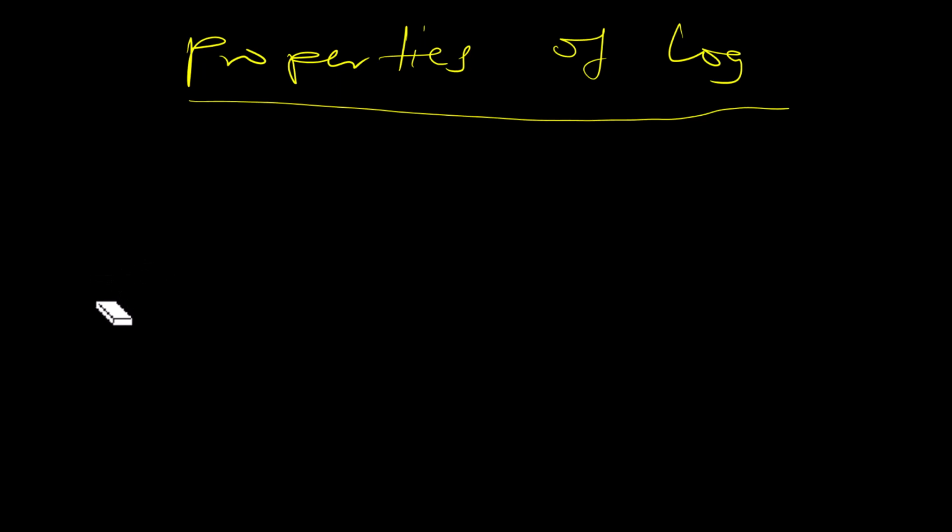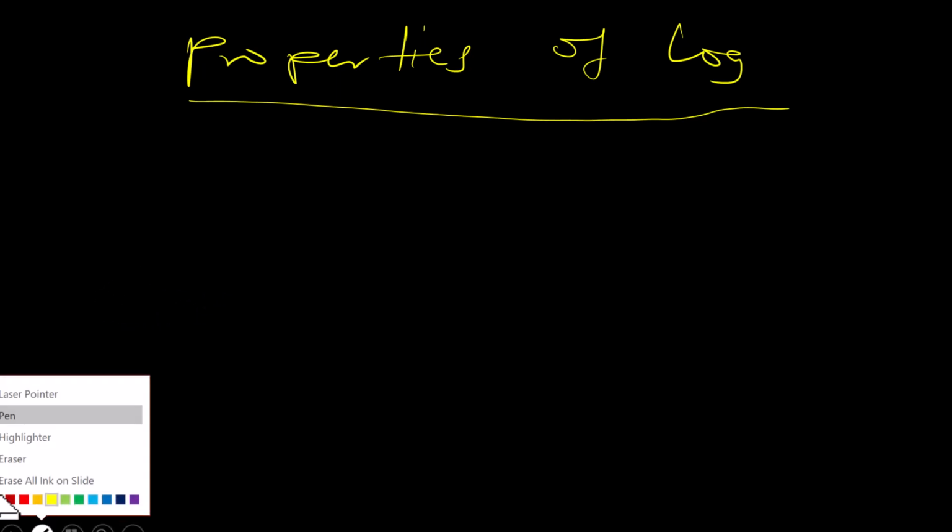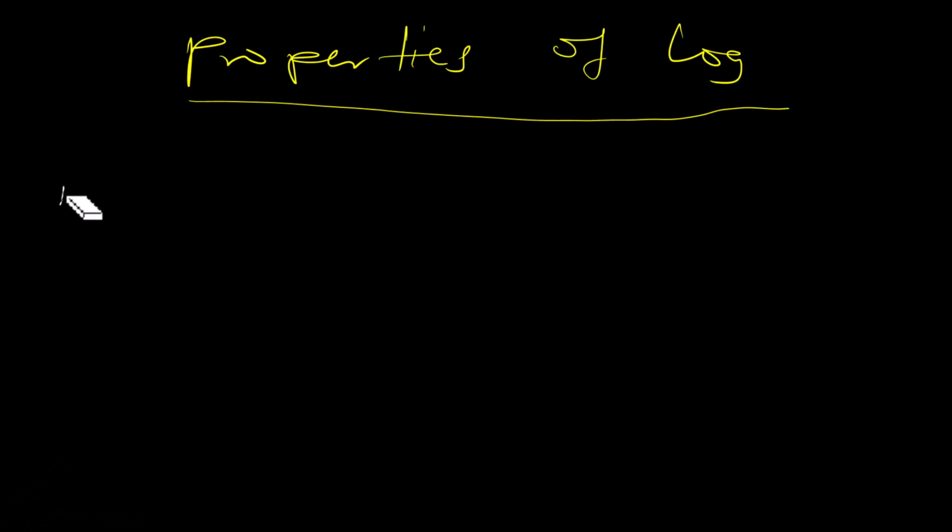Okay, let's look at the properties of logarithm. The first one has to do with log a to base a. The logarithm of a number to the same base as the number is 1.